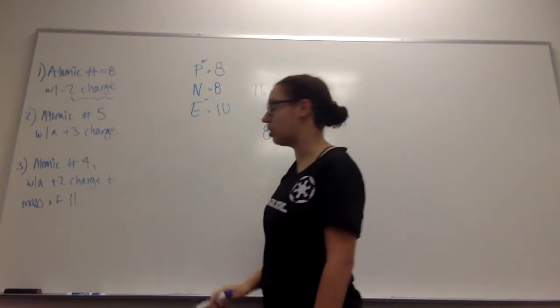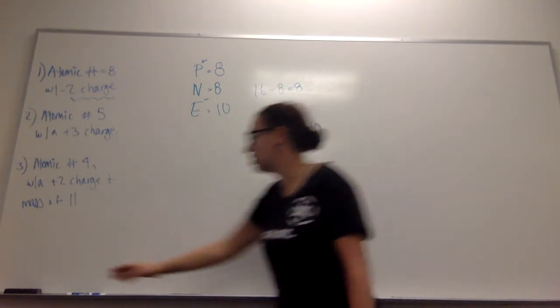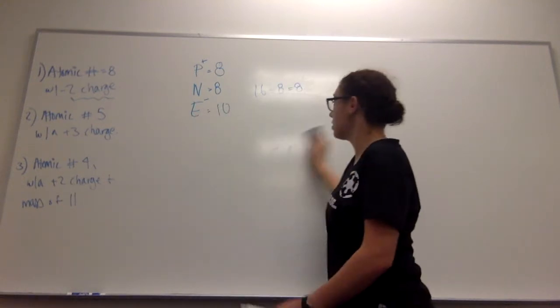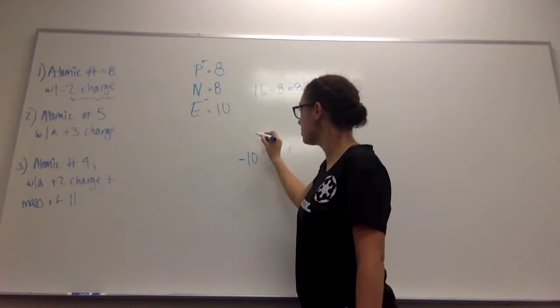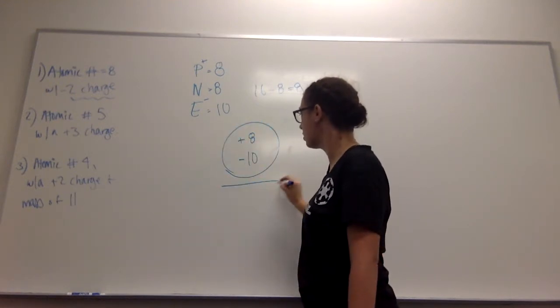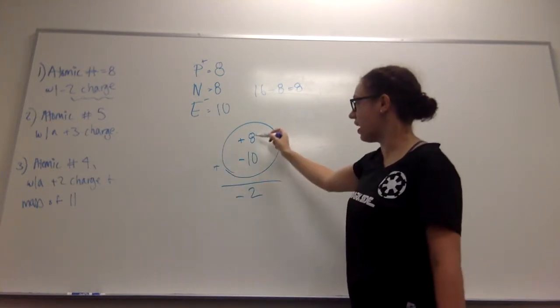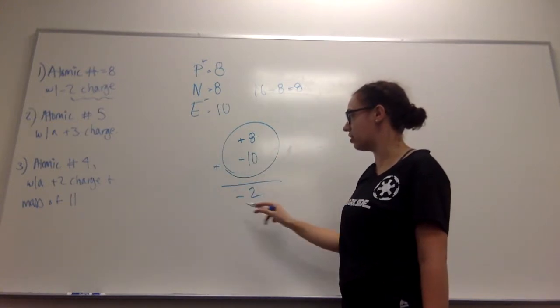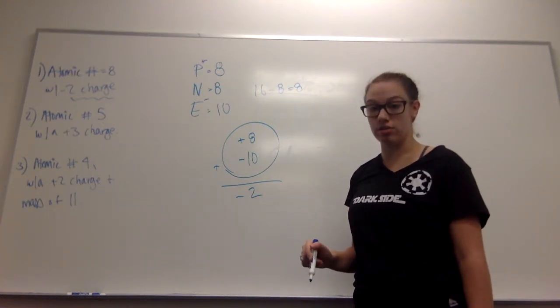So we have 10 electrons. Okay? This is because 10 minuses and 8 positives together give us a -2 charge. Right? We have 8 plus -10. We get -2. So that's how we're getting our -2 charge.